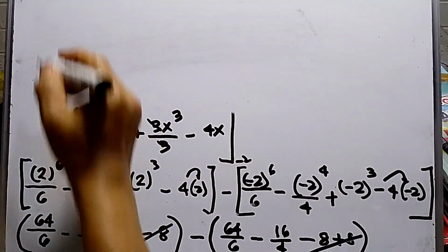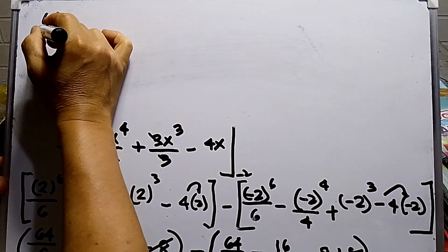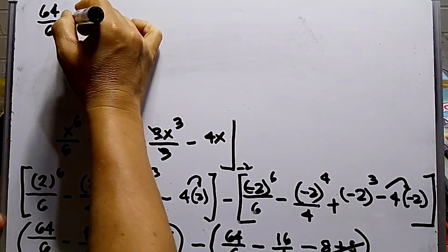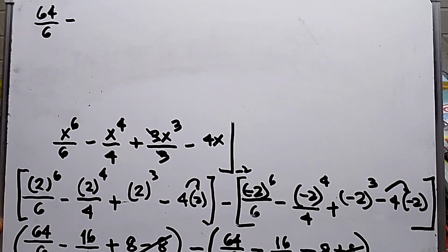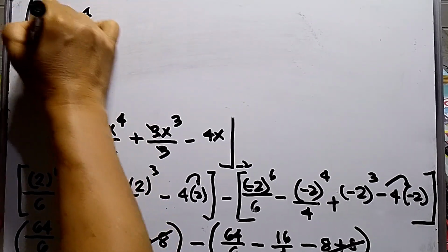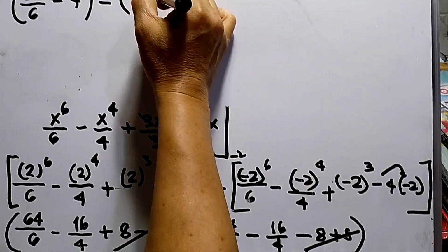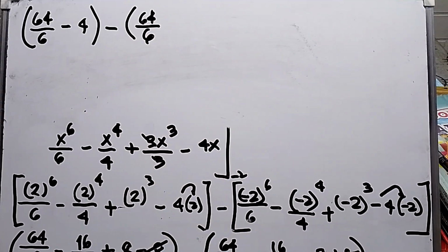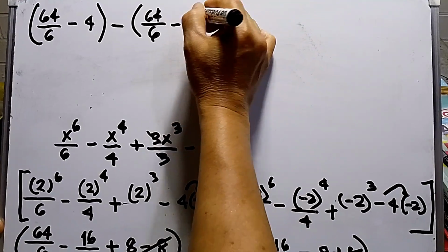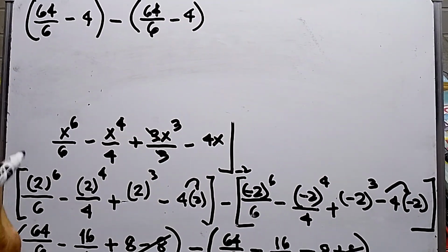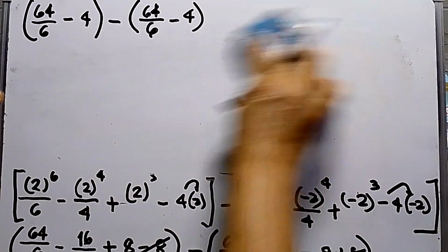Okay, so 64 over 6 minus 16 divided by 4 is 4. Then minus this one, 64 over 6, 16 divided by 4 is 4. So take note, they are the same, and then the operation is subtraction.